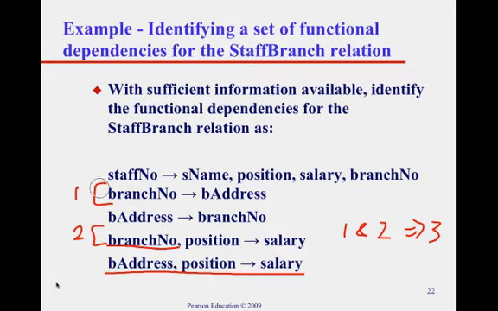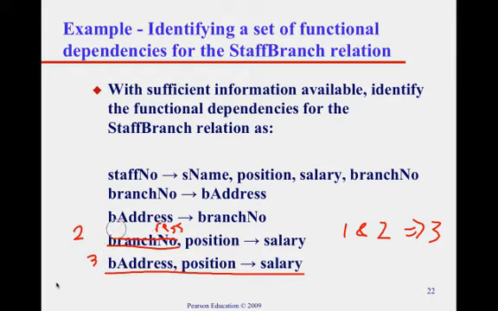Opposite. Sorry. Actually, this one. So 1 and 2. Since you know that the branch address uniquely determines the branch number, you could substitute this in here, and that yields 3.